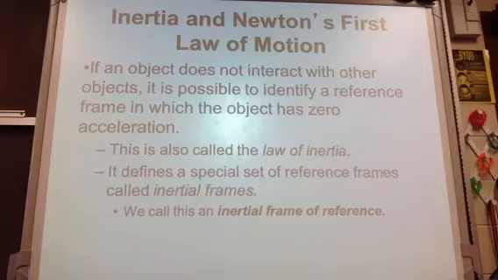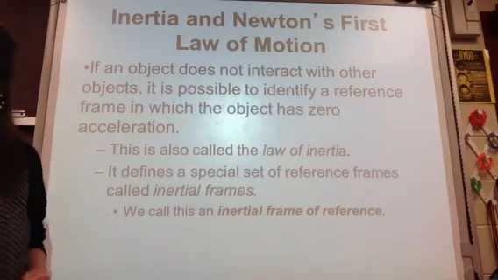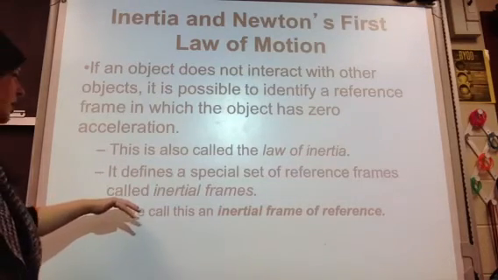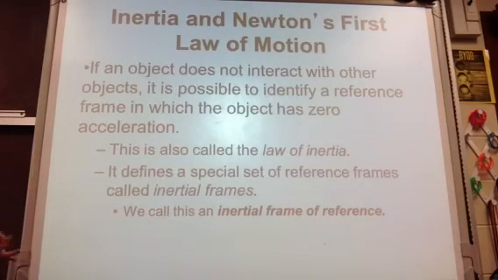Remember that we talked about frames of reference last chapter when we talked about relative velocity. So in this law, we have stated something called an inertial reference frame, or an inertial frame. And more specifically, we will hear it as an inertial frame of reference.